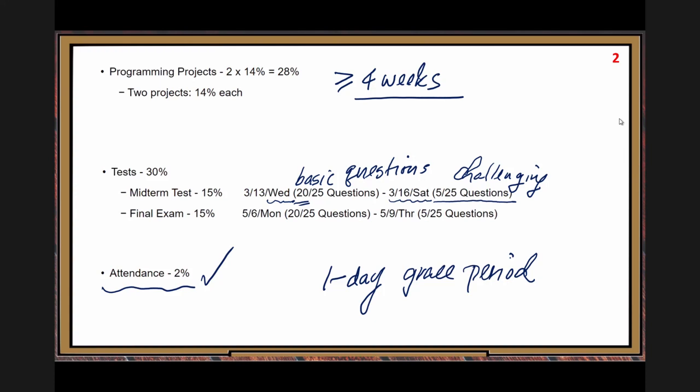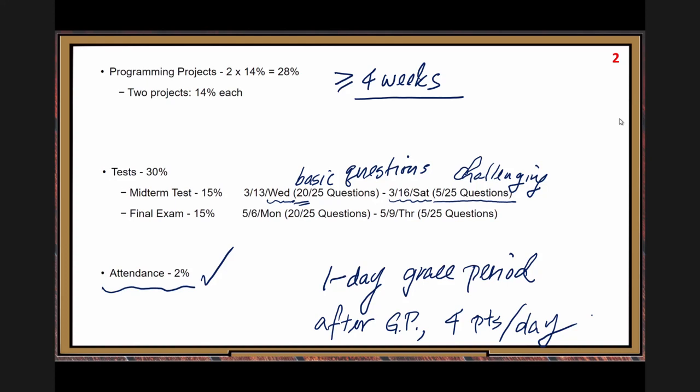After that grace period, 4 points penalty per day. So I accept late submission, but be careful. If I post the answers, then I won't accept.